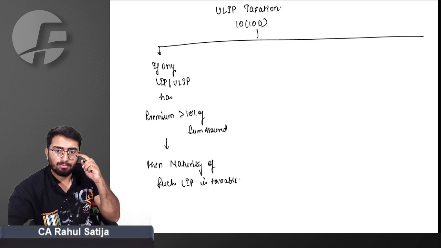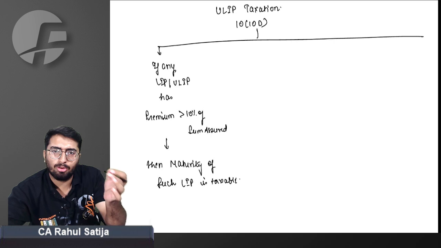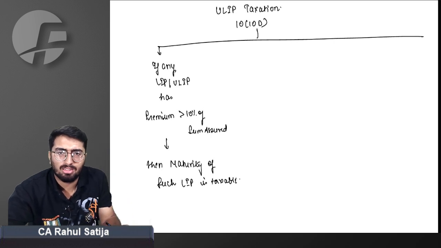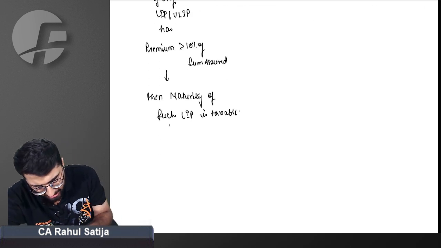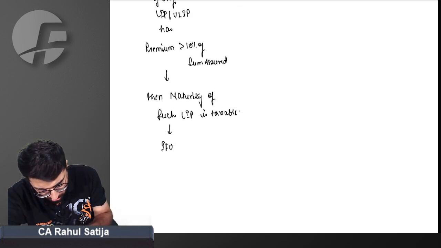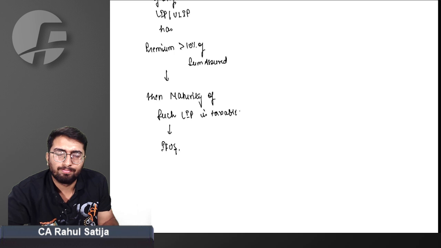It is very clear. Sir, under which head will it be taxable? It will be taxable under the head income from other sources. It is liable for TDS under section 194DA.